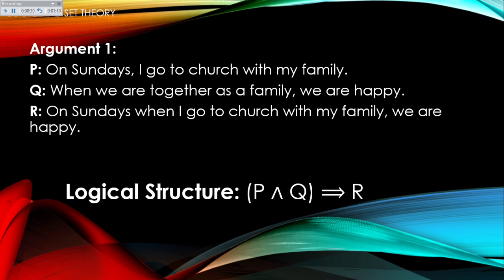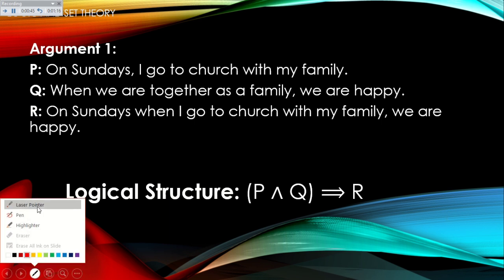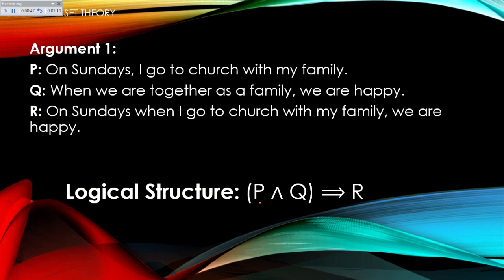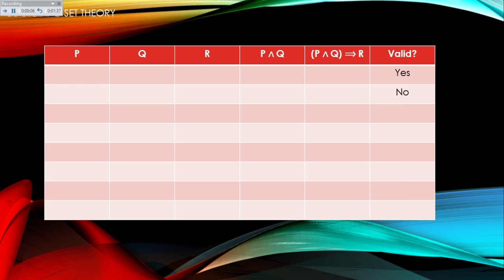So the logical structure is P and Q, then R, the conclusion. How do we identify the truth table from the statements?